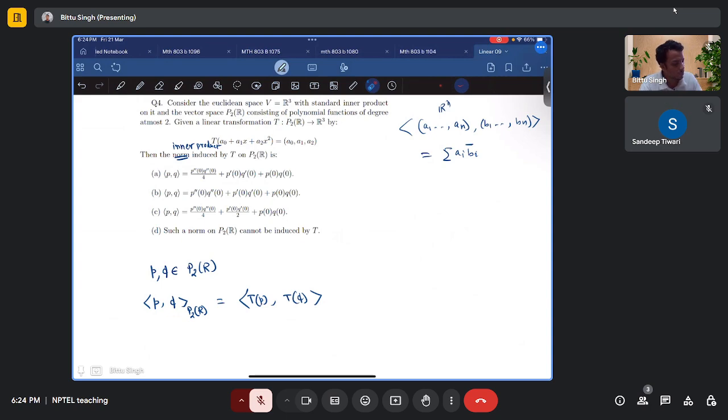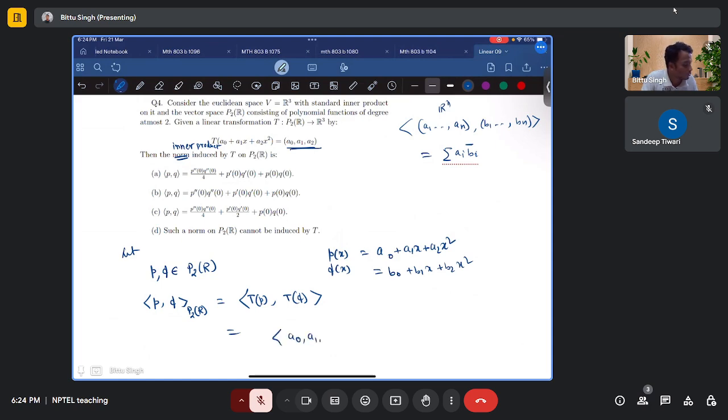Okay, so let p be this polynomial: p(x) equal to a0 plus a1x plus a2x squared. And similarly q(x) equal to b0 plus b1x plus b2x squared. Then, by definition, T(p) is the same as (a0, a1, a2), and T(q) is the same as (b0, b1, b2).